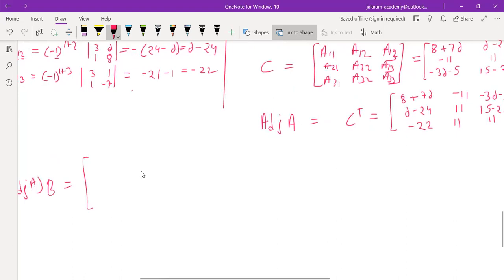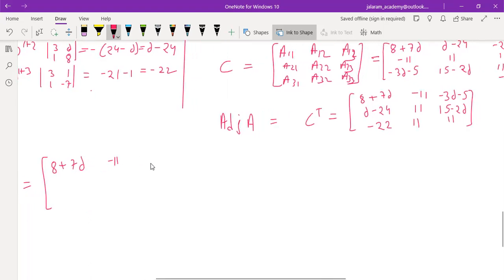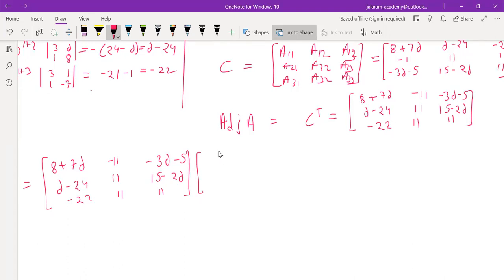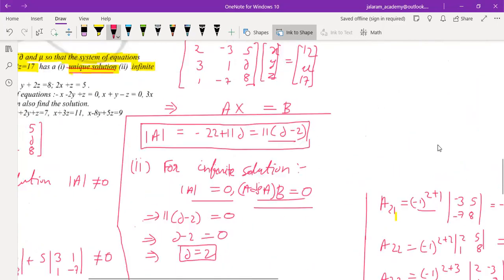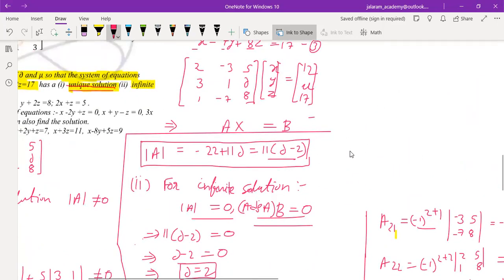It is 8 plus 7 delta, minus 11, minus 3 delta minus 5 delta, minus 24, 11, 15 minus 2 delta, minus 22, 11, 11, into the matrix B. Matrix B is the column matrix of constants 12, mu and 17.